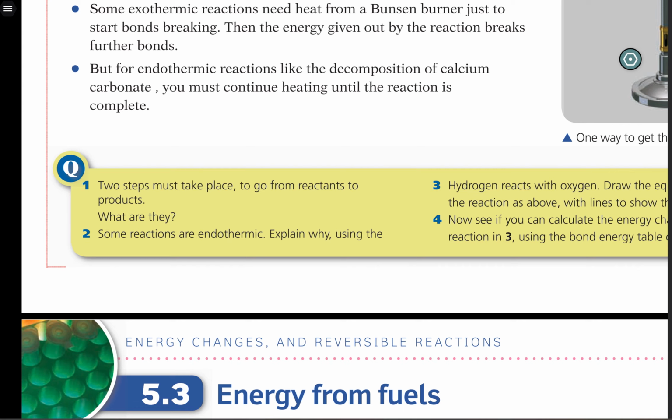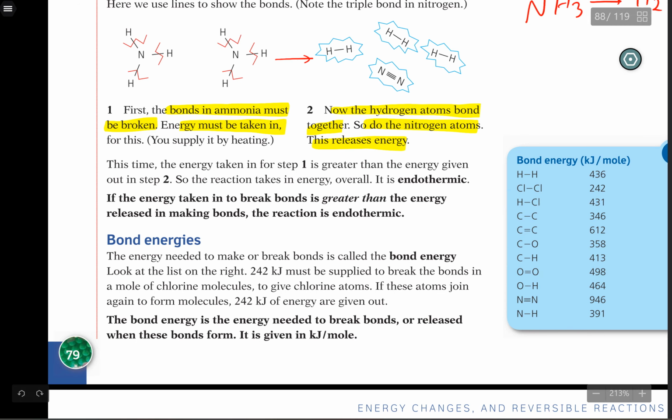Let's go to question number 2. Some reactions are endothermic. Explain why. You have the answer on page 79. If the energy taken in to break the bonds is greater than the energy released in making bonds, the reaction is endothermic. So as we said, for breaking the bond, we need the energy.